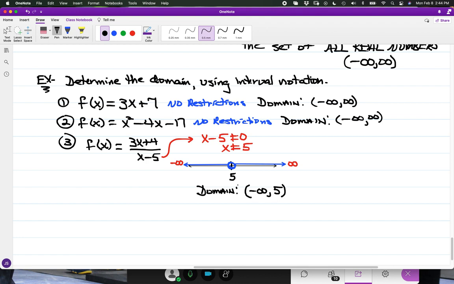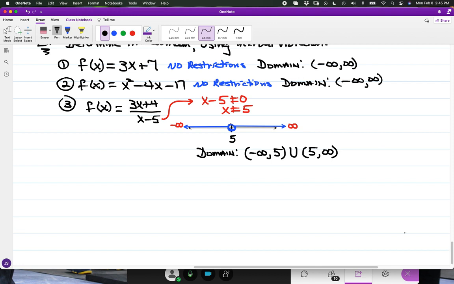So this section less than 5 is represented by this interval notation, in union with the half that is greater than 5, denoted by parentheses around 5 and going continuously out to infinity. So that will be the interval notation for the domain of this particular rational function.